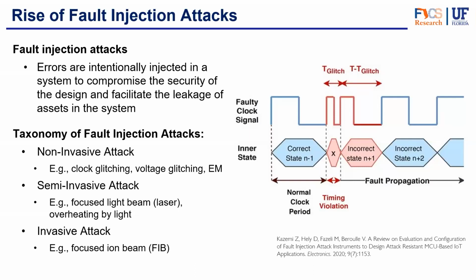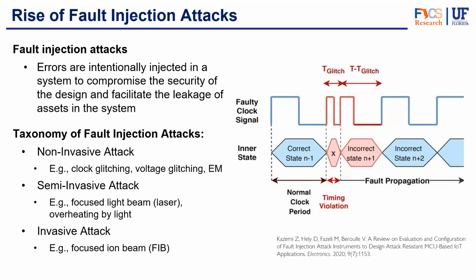Therefore, they are very common. Attackers have shown that by using fault injection attacks, they could leak RSA keys and AES keys, and they could bypass the security mechanisms of many security critical IPs and security critical operations.